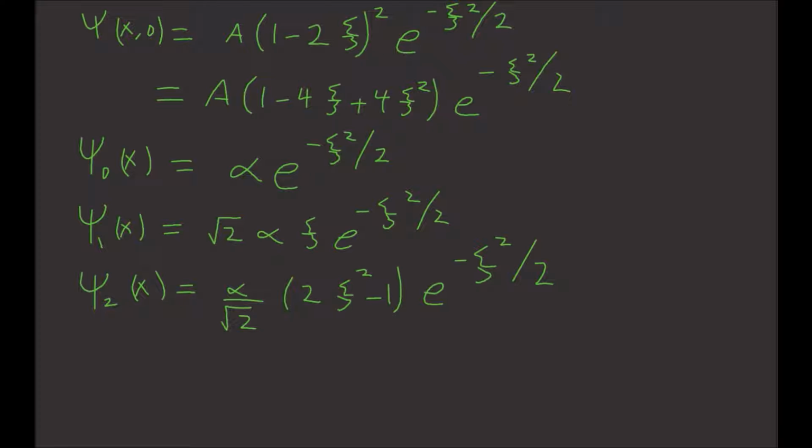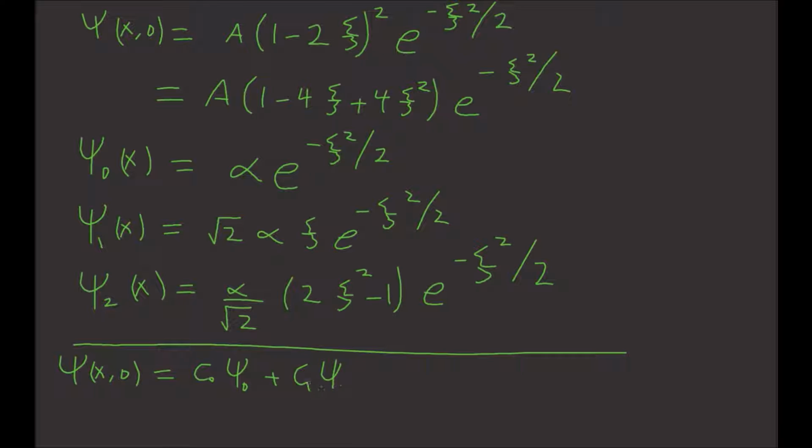So now if we want to put this wave function in terms of these three, we get psi of x and 0 equal to c naught times psi naught plus c1 times psi 1 plus c2 times psi 2.